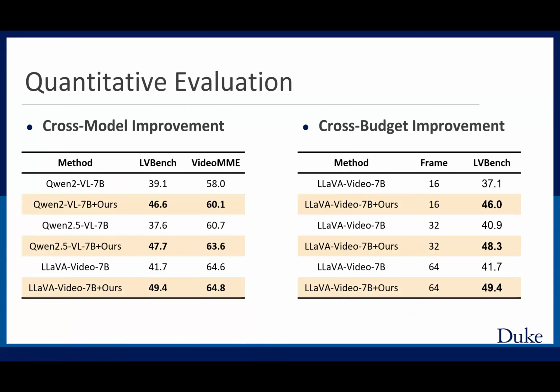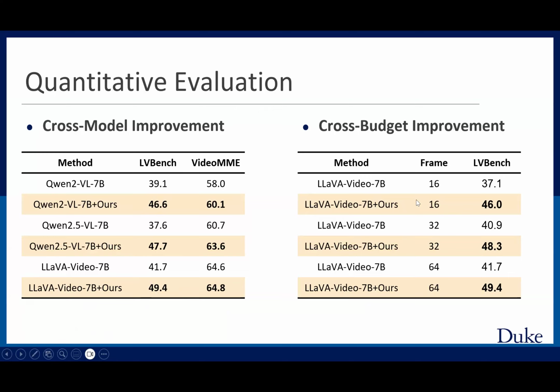Okay. So this page gives a table of evaluation results, which demonstrates a consistent improvement across different models and different frame budgets. Particularly, if you look at the improvement on LVBench, it consistently provides 8 to 10 points of improvement.